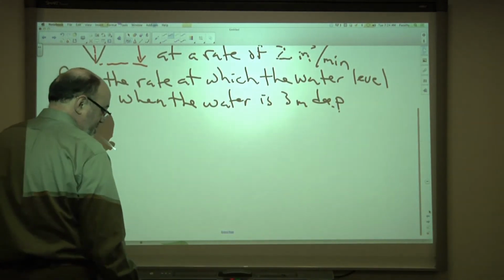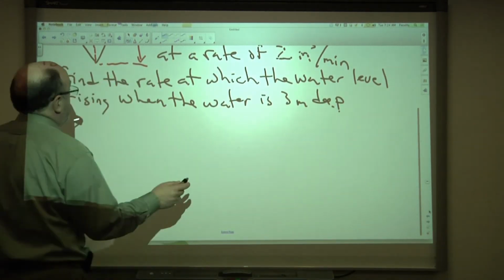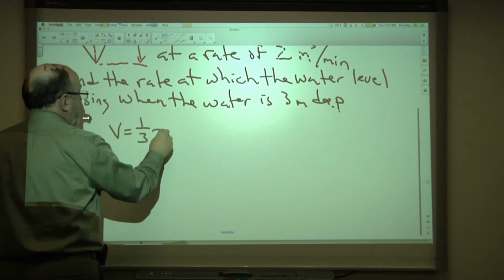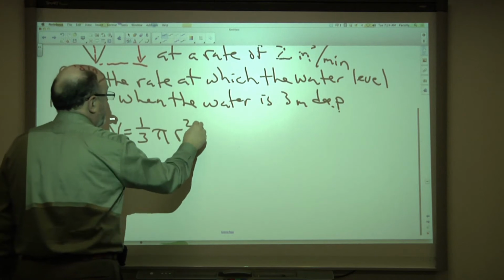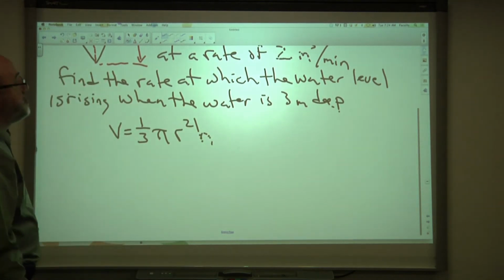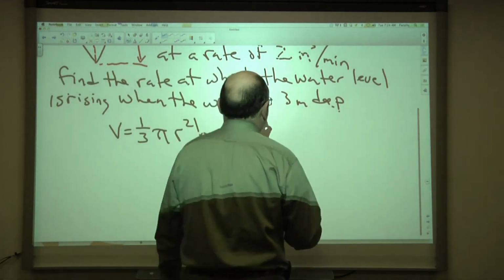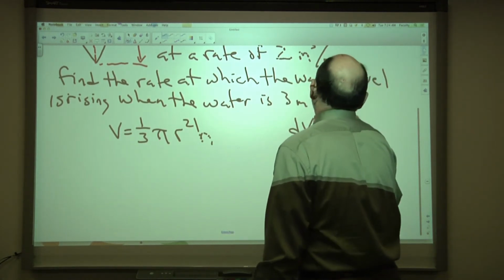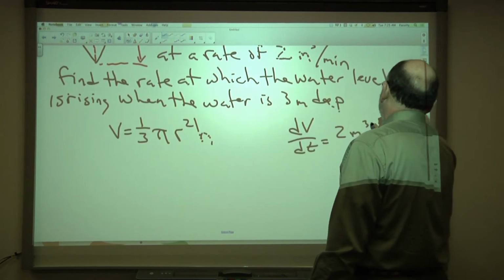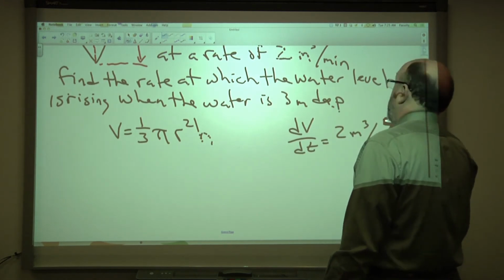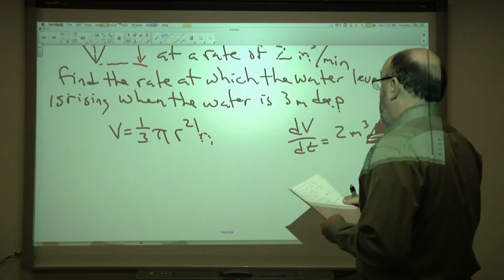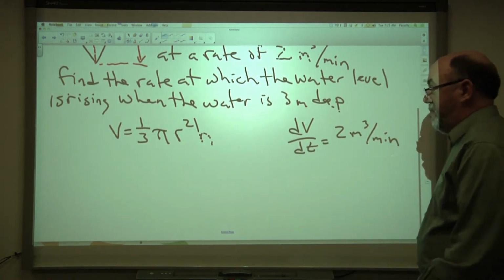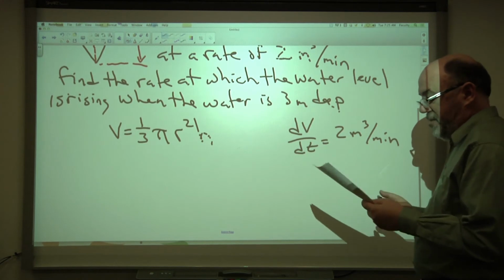So here V equals 1/3 pi r squared h. We do know dV/dt, because they gave us that. This was 2 cubic meters per minute. We know the height of the tank, maximum height. We also know the radius at the very top of the tank.